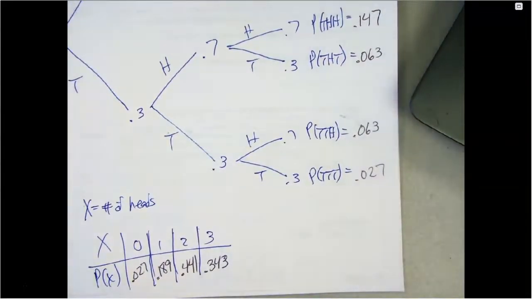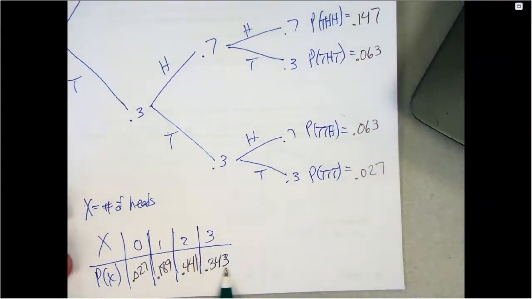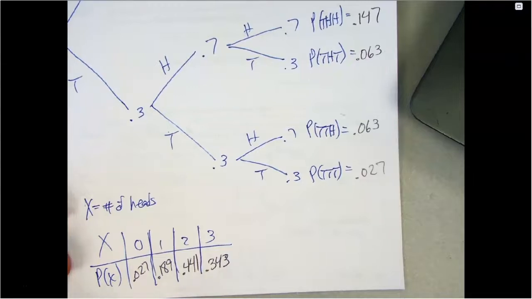You guys done? Is this what we got at the end? So then I can ask you, what's the probability we got heads 2 or more times? You would just take the 2 and the 3 and add those up. So yeah, like 0.774. What's the probability I got at least one head? At least one.